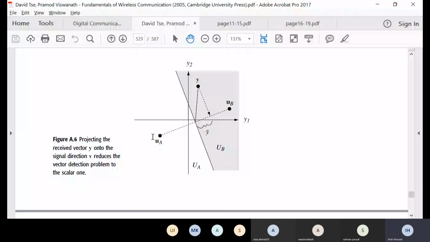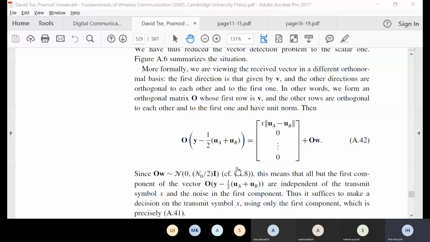I just wanted to ask one question here. Do you remember this orthonormal? Because you can see here we are viewing the differential vector in different orthonormal bases. Does anyone remember what a different orthonormal basis is?